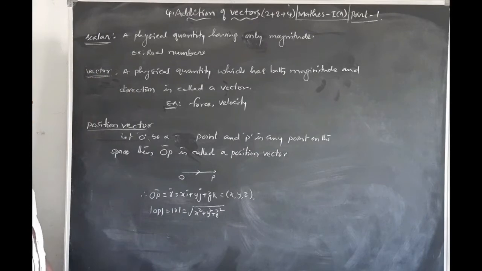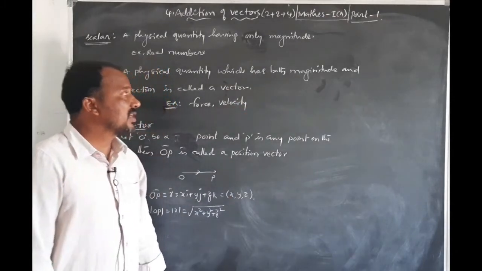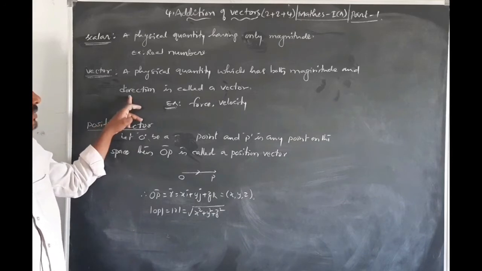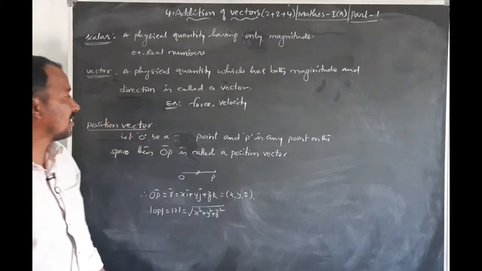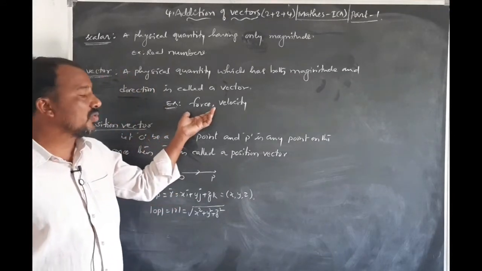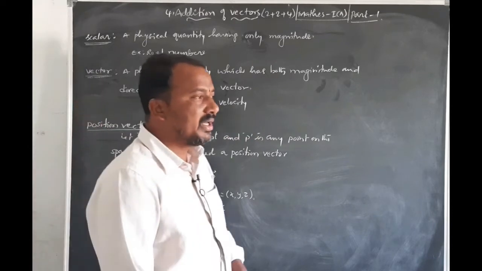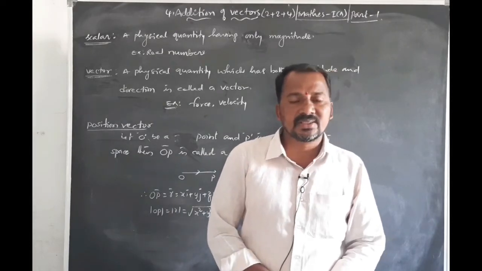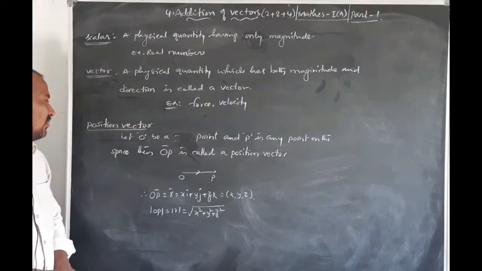Vector: a physical quantity which has both magnitude and direction is called a vector. For example, force and velocity. Only magnitude, it is called a scalar. Both magnitude and direction, that is called a vector.